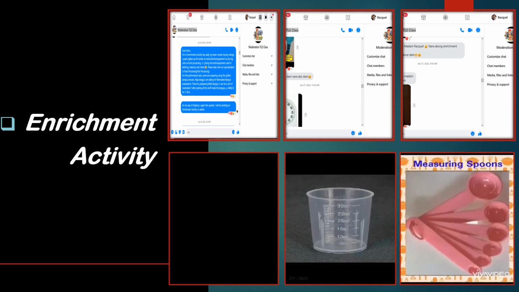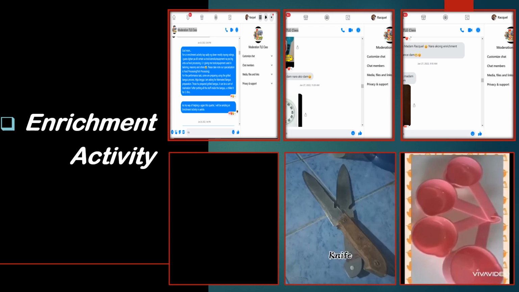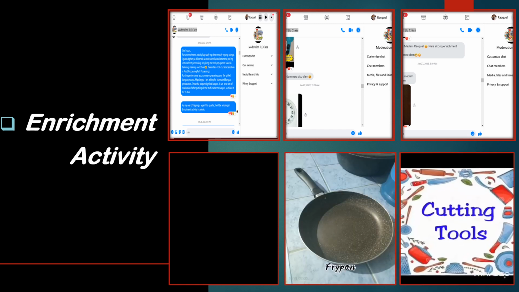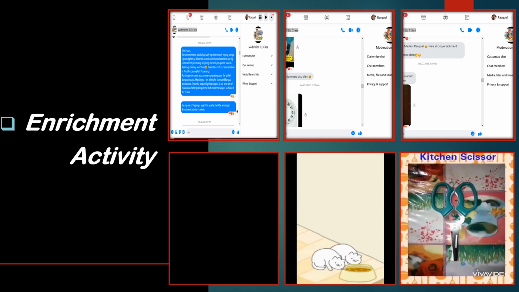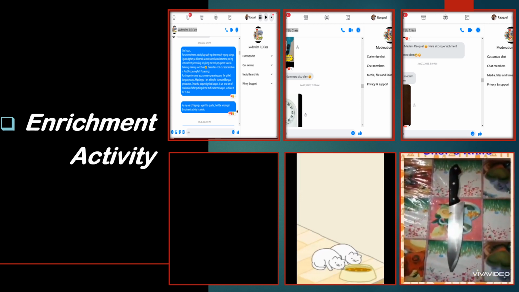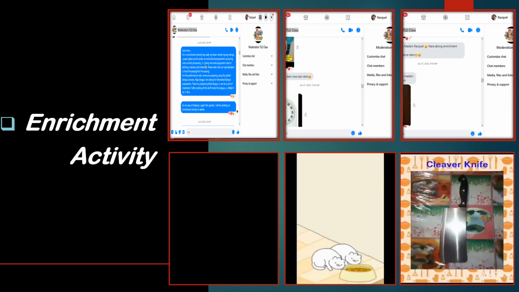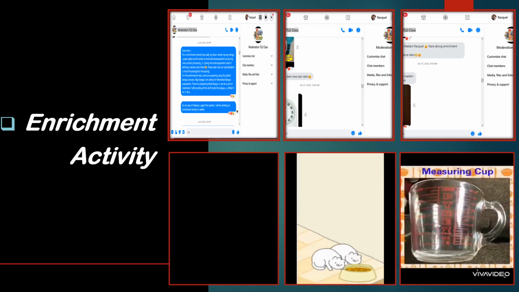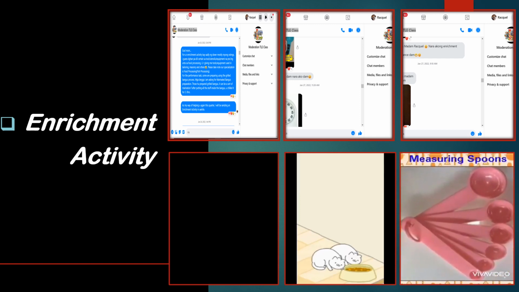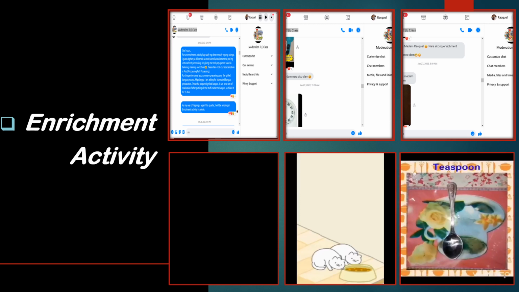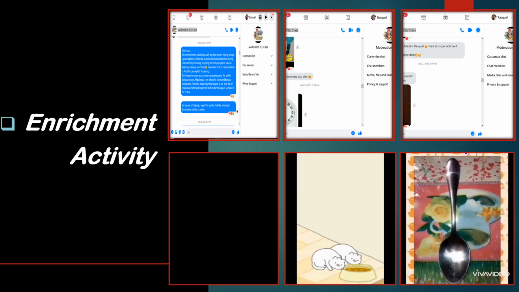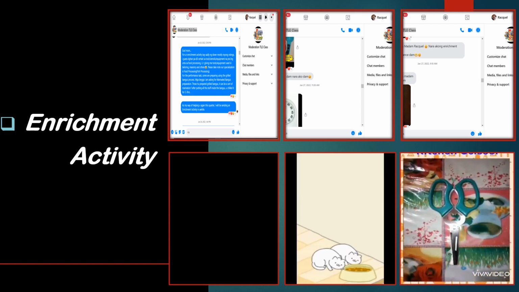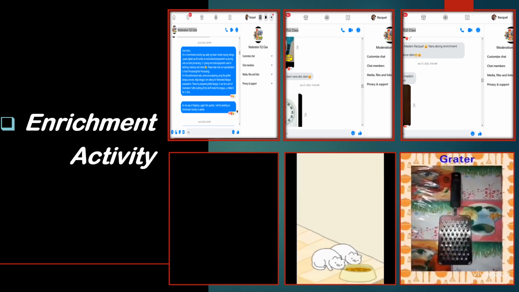So I made an enrichment activity to help them internalize the difference between utensils, tools, and equipment used in food processing and those used in other specialized skills, for them to clearly understand each classification. I asked them to list down all the utensils, tools, equipment, and packaging materials available in their kitchen and classify them according to their uses, for all these implements are used in processing food. Video presentations below are examples of some enrichment outputs of the students.